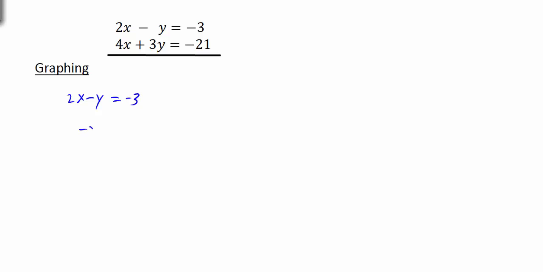So if we do that, we would have negative y equals negative 2x minus 3. And just like we did before, multiply by a negative, so that makes it a positive 2x and a positive 3. And then if we take the other equation, the 4x plus 3y equals a negative 21, here again, we're going to solve for y.